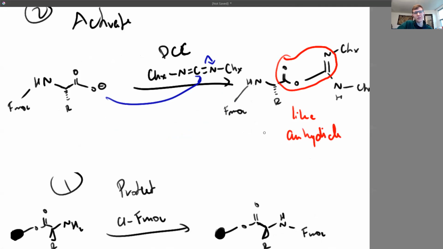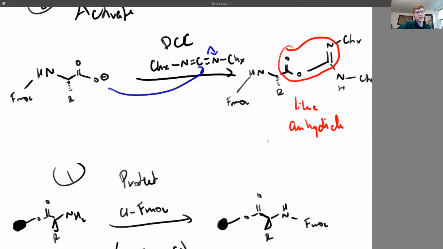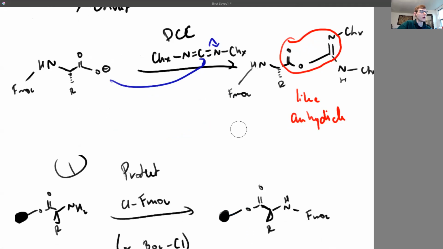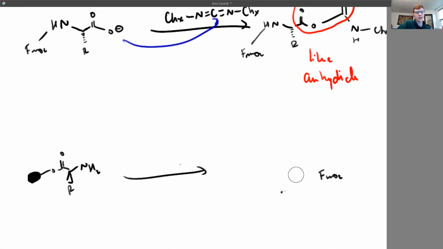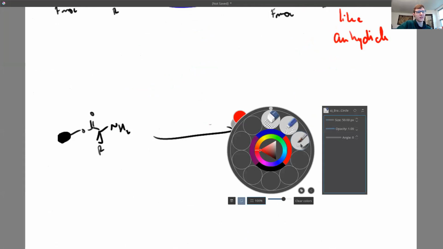So this is very nice and reactive. And at the end of the day, we have this deprotected amino acid on the bead.